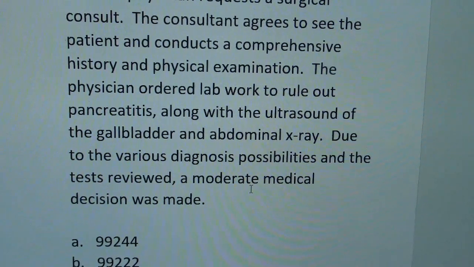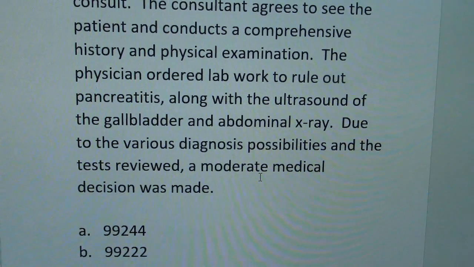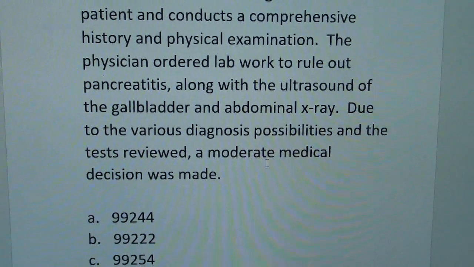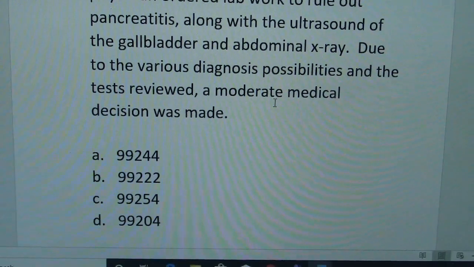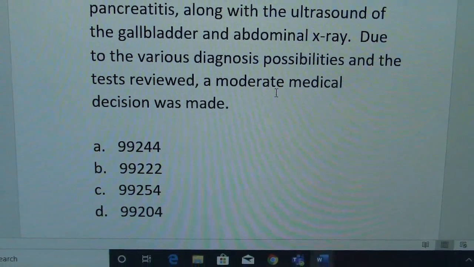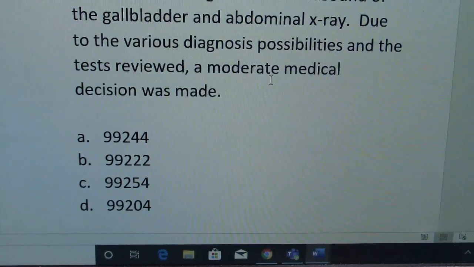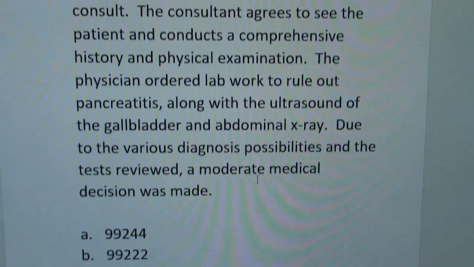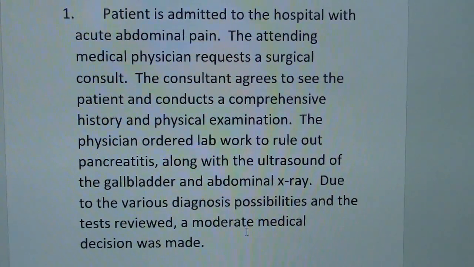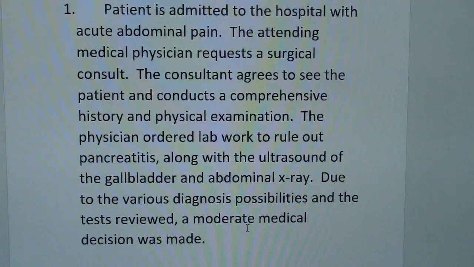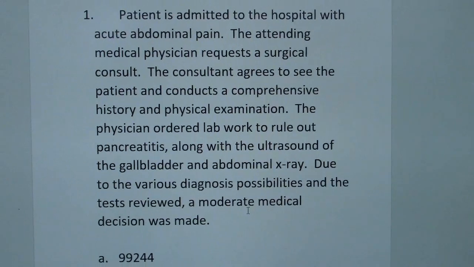Now, due to the various diagnoses possibilities and the test reviews, a moderate medical decision was made. So, is that answer 99244, 99222, 99254, or 99204? Okay, go back up to the question, let you view that, pause it. And these are your multiple choice options.